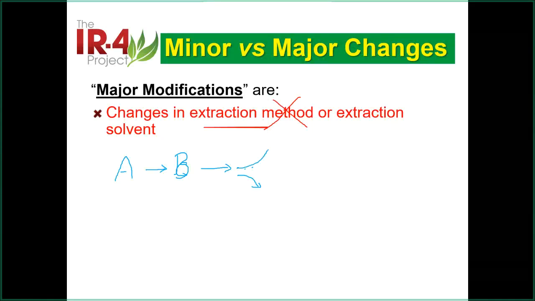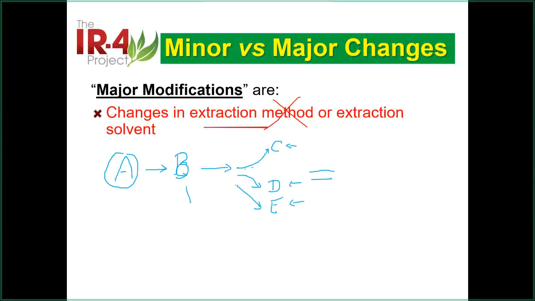You may have leaves, let's call that C. You may have the roots or some other part of the plant, call that D. And you have something going to the water, going to the soil, call that E. When you do the analysis, because you do the mass balance, you will figure out how much is A in C, in B, in D, and in E. And the number could be going down because degradation is always going down.